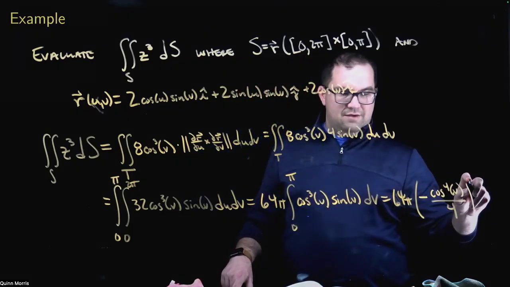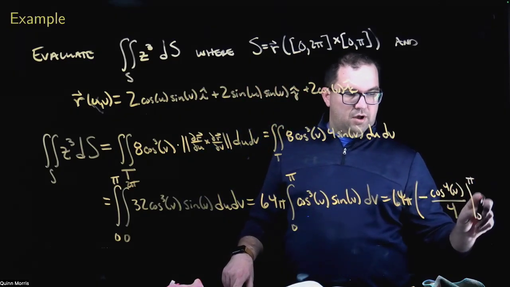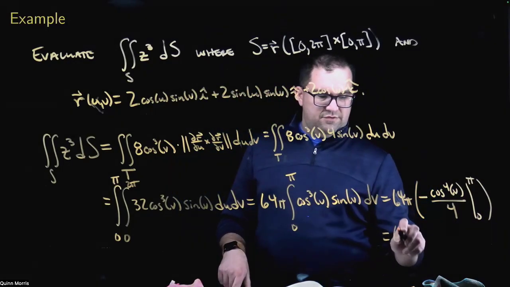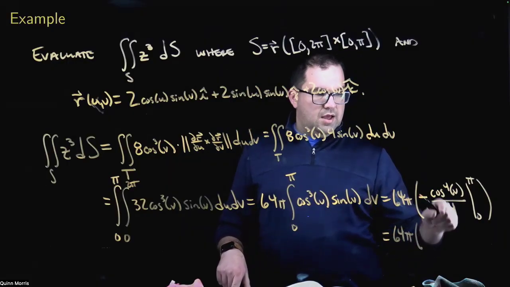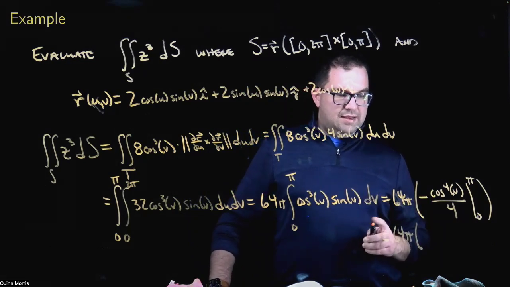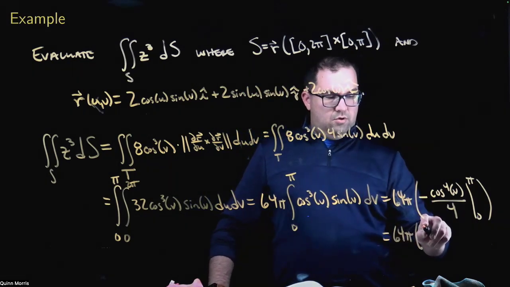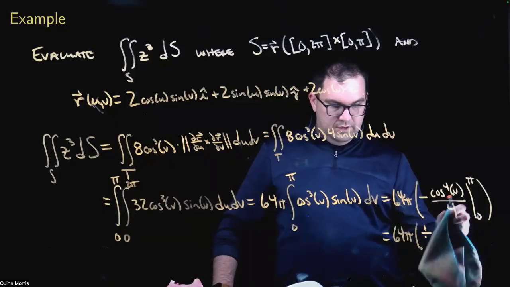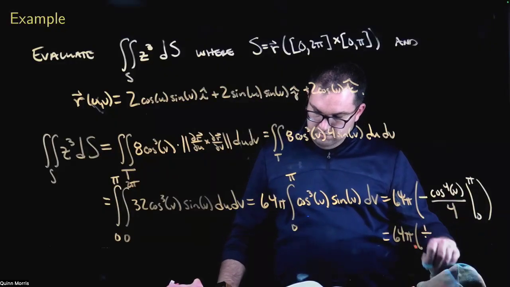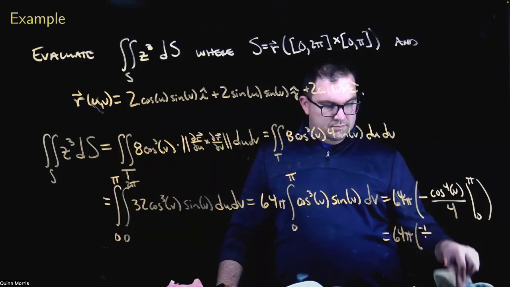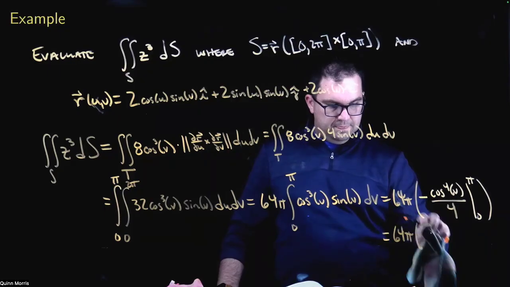And this will be evaluated at v equals pi and at 0 and take a difference. So let's see. So I get 64 pi times, if I evaluate this at pi, cosine of pi is -1. Oh, wait, hold on. Sorry. Let me be careful here.